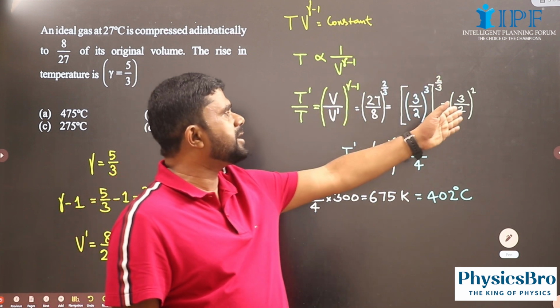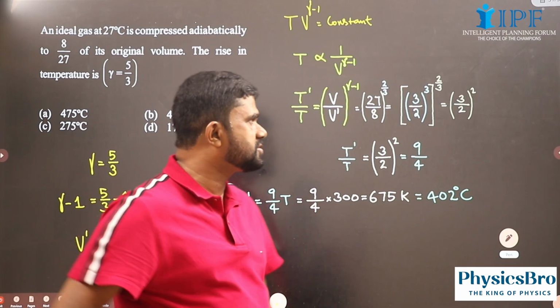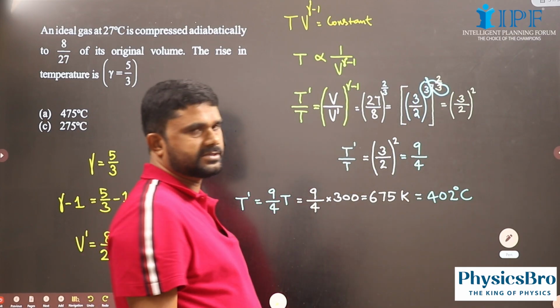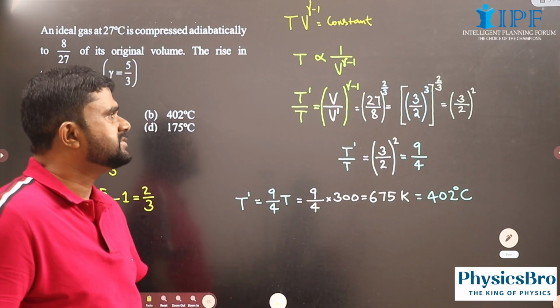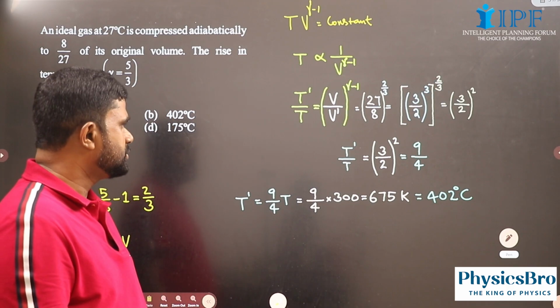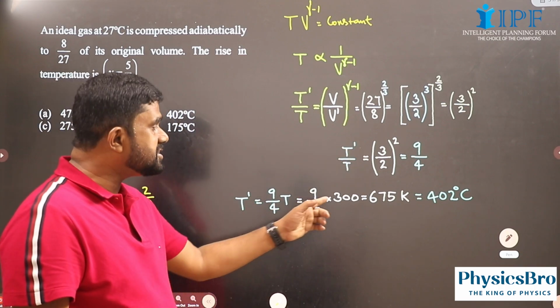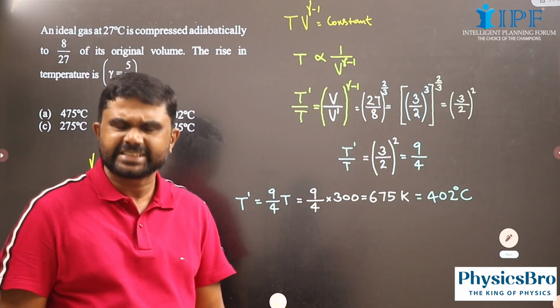So it will be (3 by 2) whole square because this 3 and 3 can be cancelled. Okay, so (3 by 2) whole square, that is 9 over 4. So T dash will be 9 by 4 T and T is 300 Kelvin. So we will get 675 Kelvin.